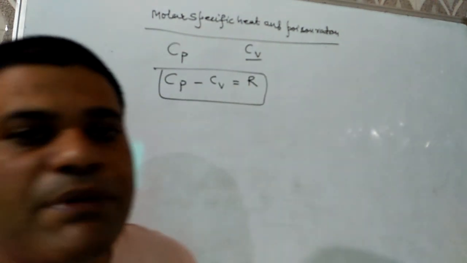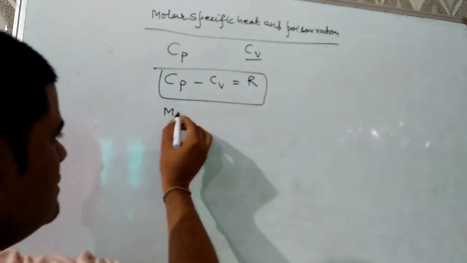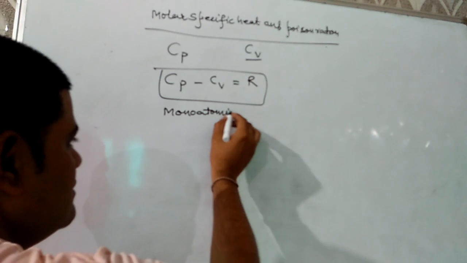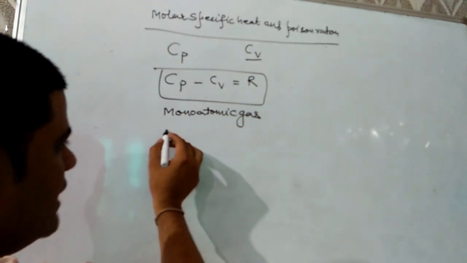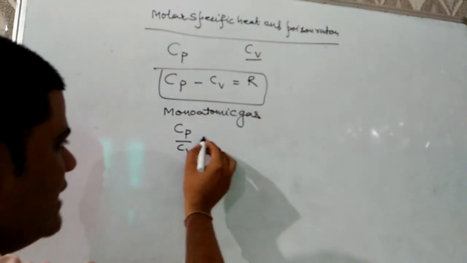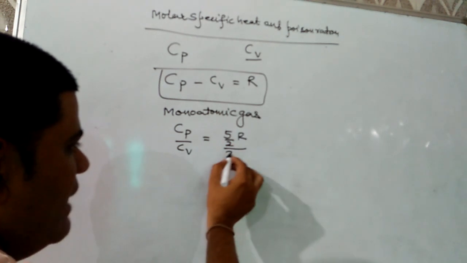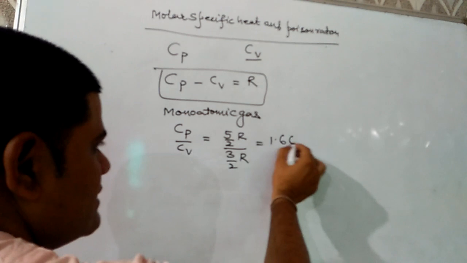In the thermodynamics chapter we will discuss this. For a monoatomic gas, the ratio of Cp upon Cv is equal to 5/2 R upon 3/2 R, and that comes out to be 1.66.